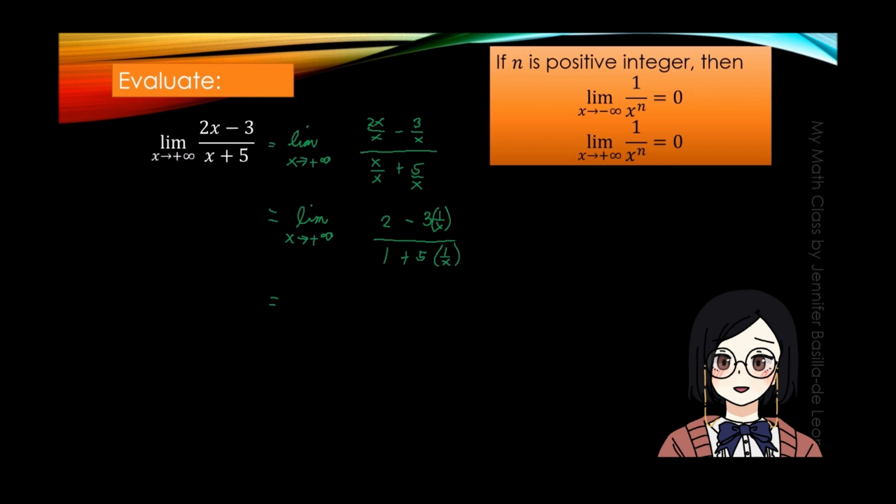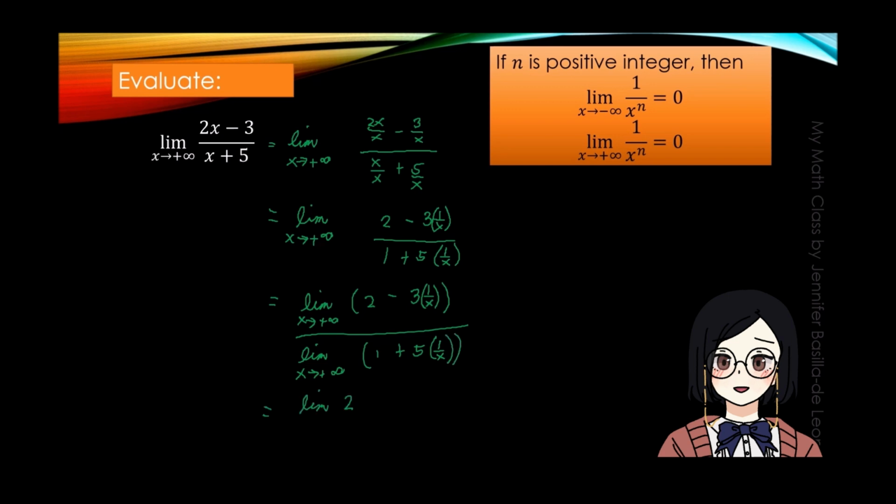Applying the limit laws for quotients, we will have the limit of 2 minus 3 times 1 over x as x approaches positive infinity, all over the limit of 1 plus 5 times 1 over x.